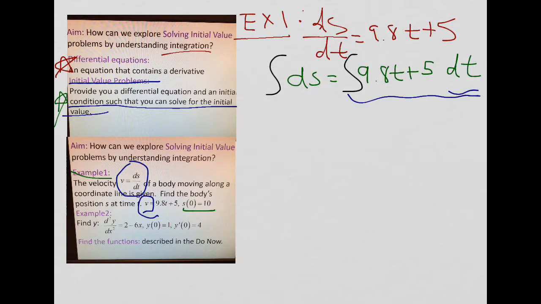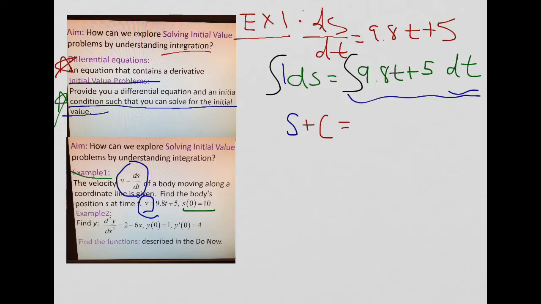Now on the left-hand side, you may want to rewrite this as 1 ds, so you realize, well, if it's a constant, you need the variable next to it, and the variable in this case would be s. If you want, you can write a constant, because we always have to put a plus c for when we have indefinite integrals.